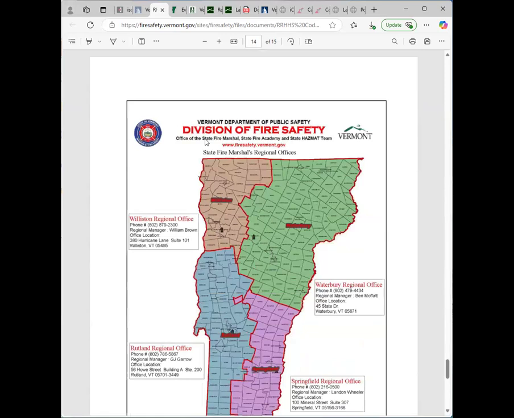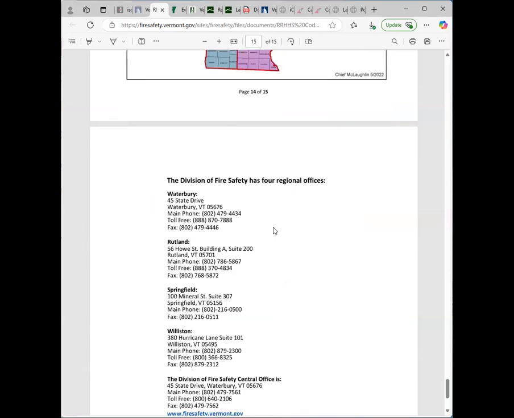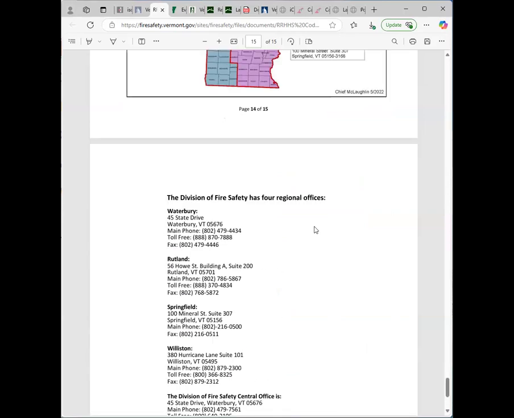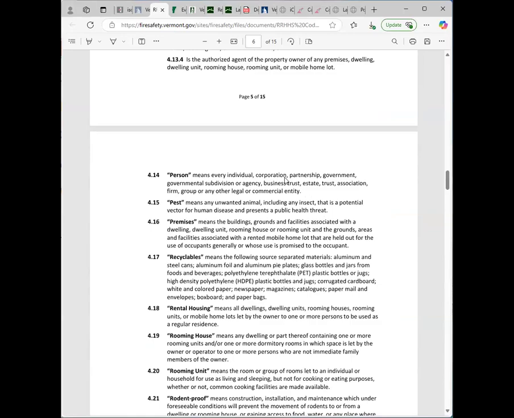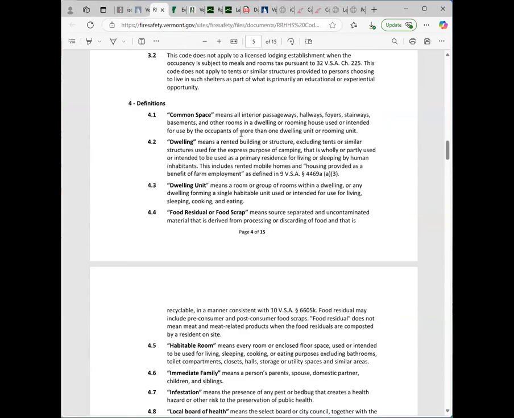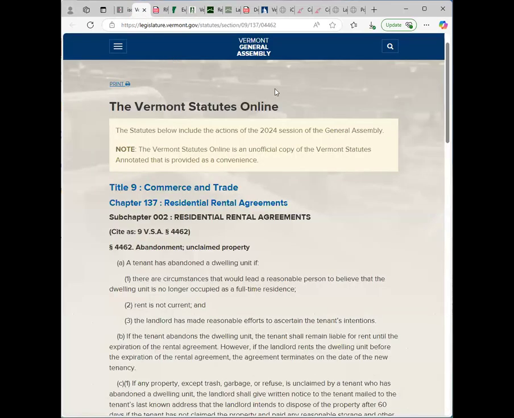It also has a regional district map of Vermont and all the different counties, with the 4 different regional offices and their contact information, which is really cool, with phone numbers to all of them. So if there's ever a question, go right ahead and call them. Very well done. Super impressive, actually. That's really helpful, especially when you're looking at different aspects of who's responsible for what.